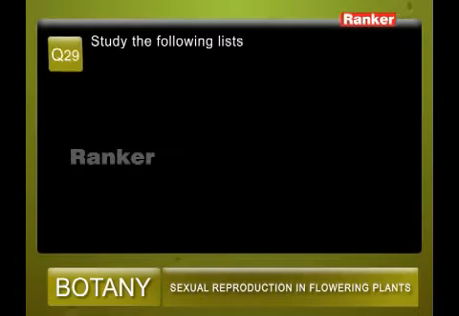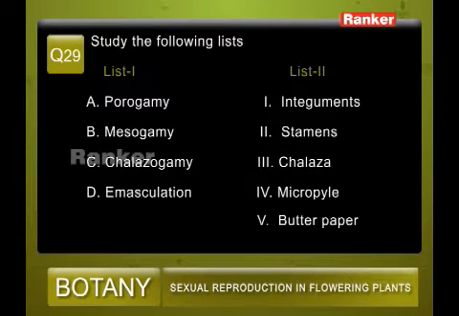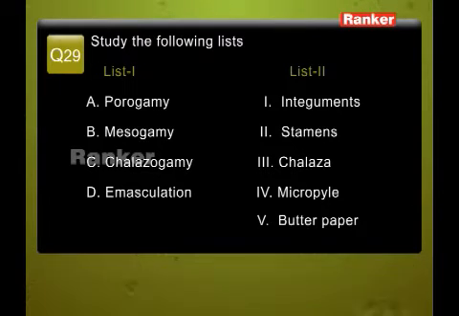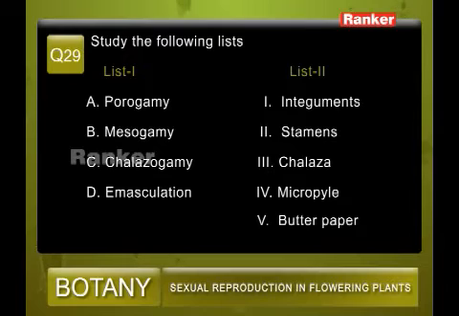Question number 29, study the following list. List 1: A. Porogamy, B. Mesogamy, C. Chalazogamy, D. Emasculation. List 2: 1. Integuments, 2. Stamens, 3. Chalaza, 4. Micropyle, 5. Butter paper.